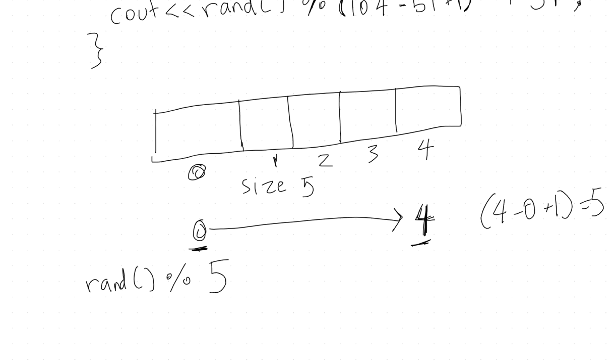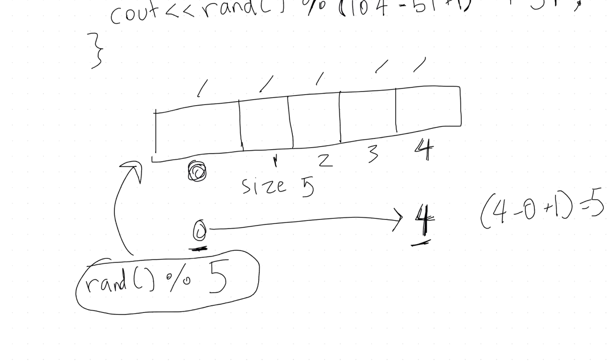In this example it's clearer why this works, because even though it starts with 0 and ends with 4, you're looking at 5 indices in total. And when you mod by a number, you always get a range between 0 and that number minus 1. So all you need to do is rand mod 5, and this will give you any index from this array.